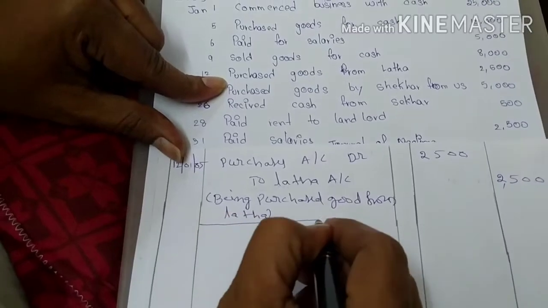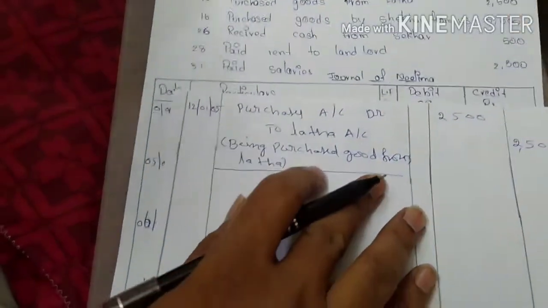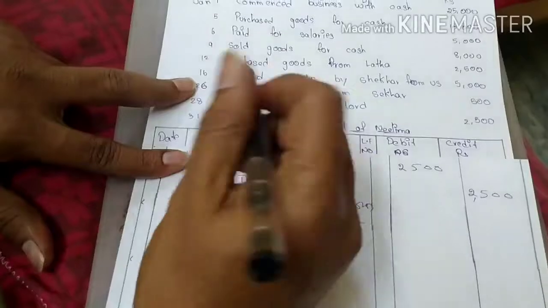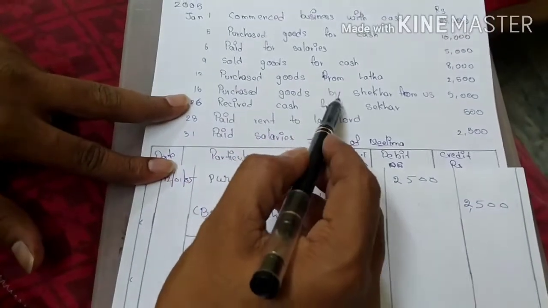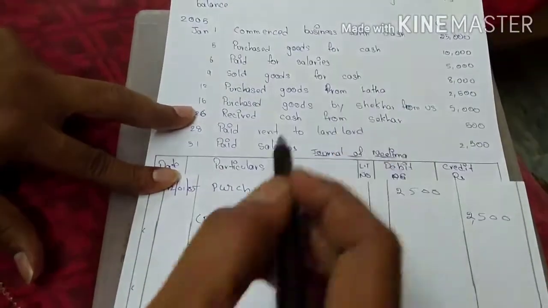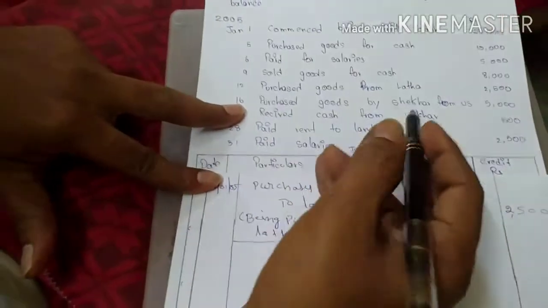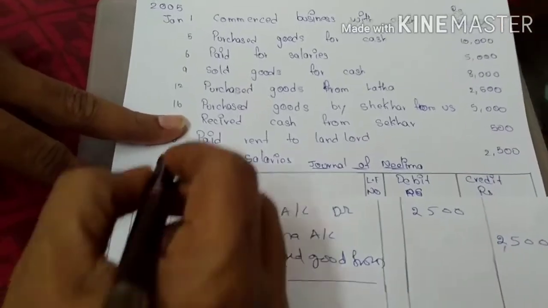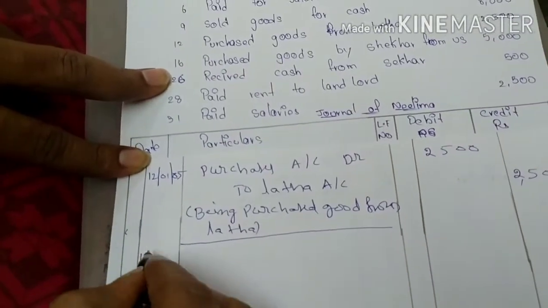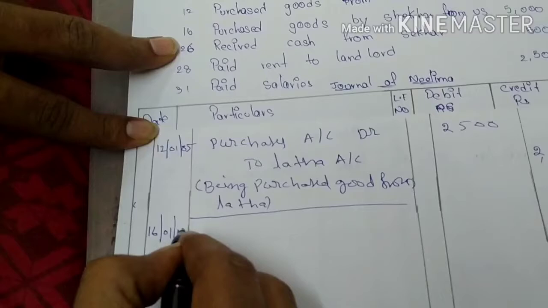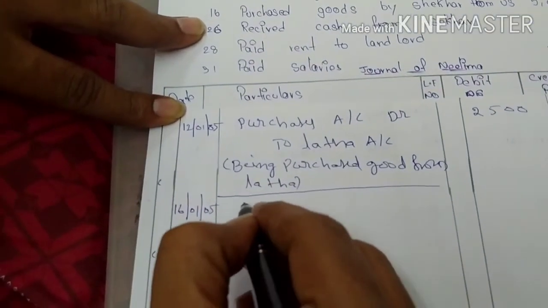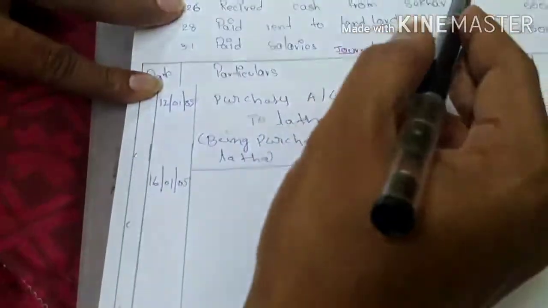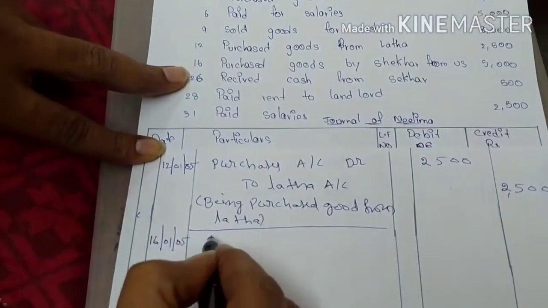That's all. Next, 16th, goods purchased by Shekhar from us. That means this belongs to our sales. So first mention the date, 16/1/2005.